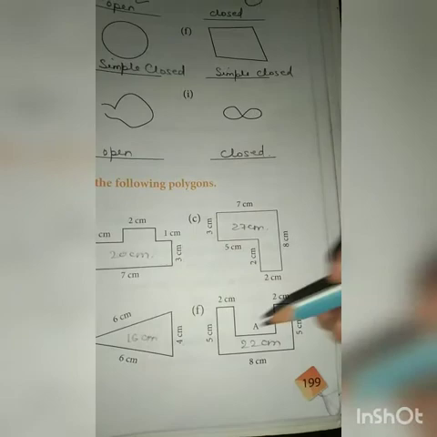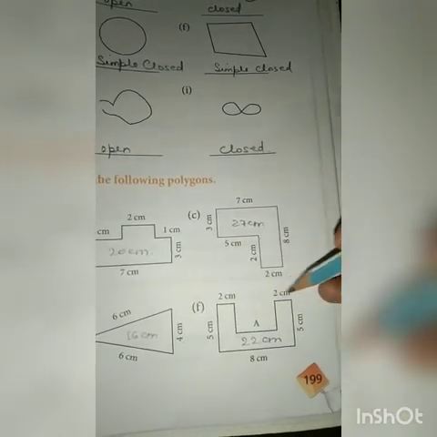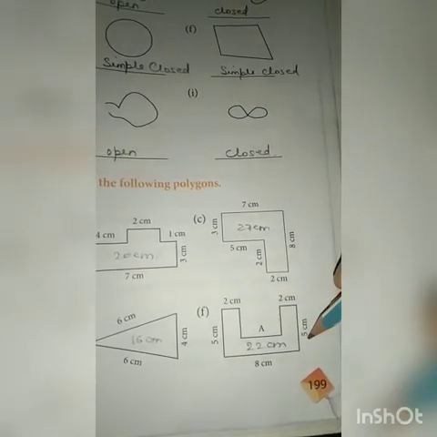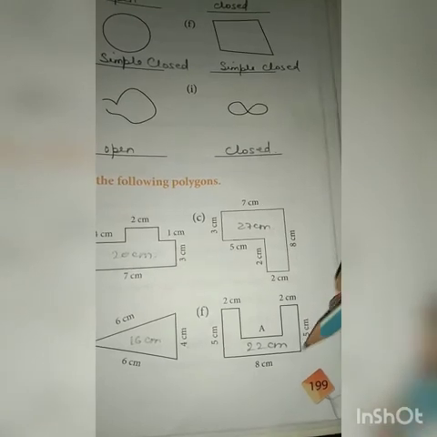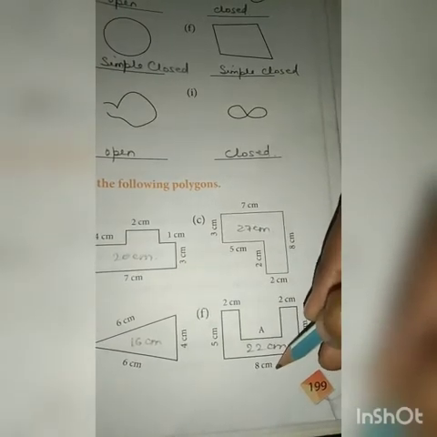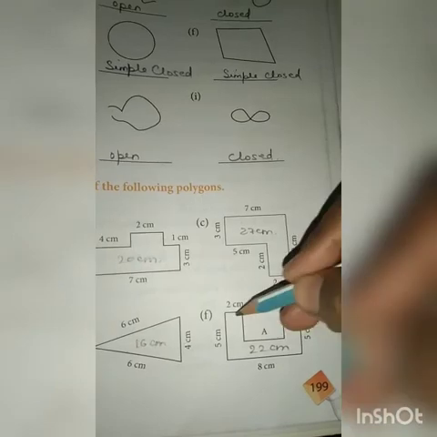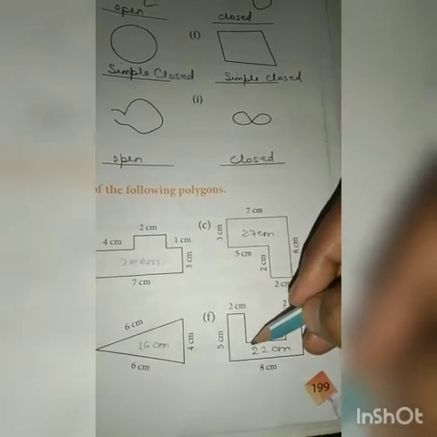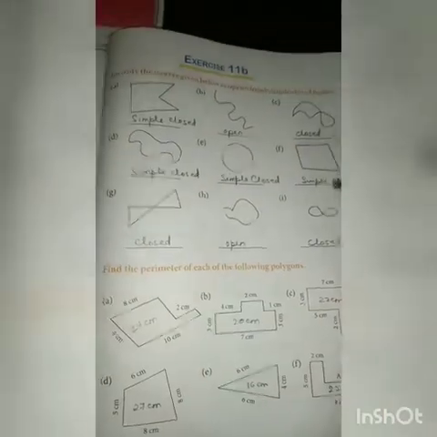Question number F. 5 plus 2 is 7, 7 plus 2 is 9, 9 plus 5 is 14 and 14 plus 8 will be 22 centimeter. So 22 centimeter is the measurement of question number F. So this is how you will do it in your book.